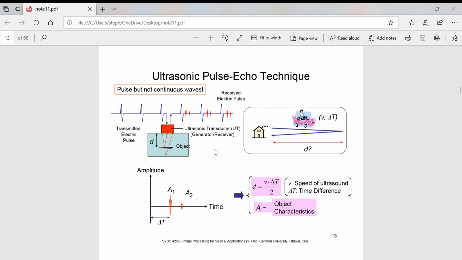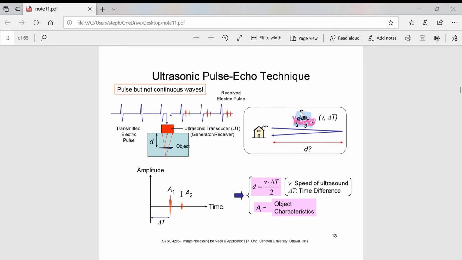Of course, this is dependent on a couple of different properties. It's dependent on the amount of material it passes through, so the distance that it travels into the body and then comes back, as well as the velocity. So how fast is that signal going, and then how fast does it come back?